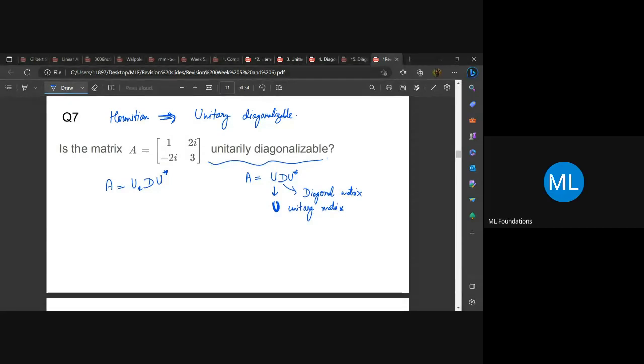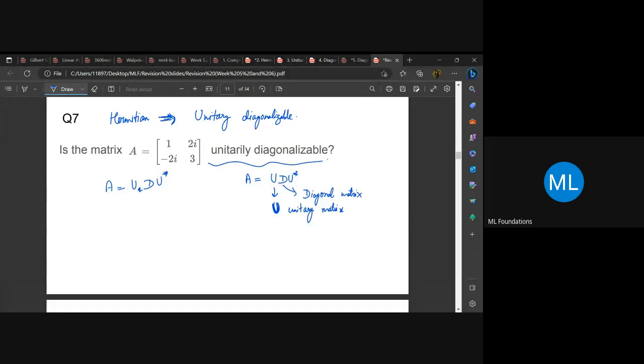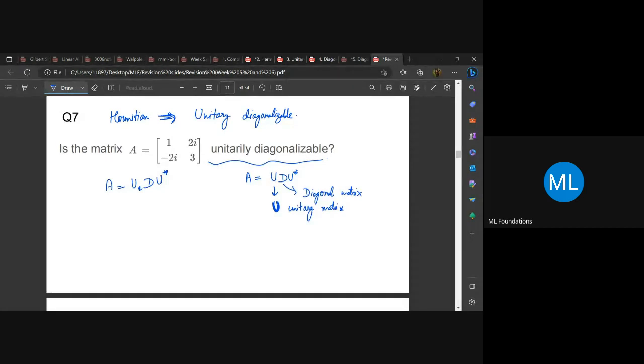Okay, let me just write the answer here. So the eigenvalues that you get: lambda 1 will come out to be 2 minus root 5, sorry, 2 plus root 5 and 2 minus root 5. These are the eigenvalues.